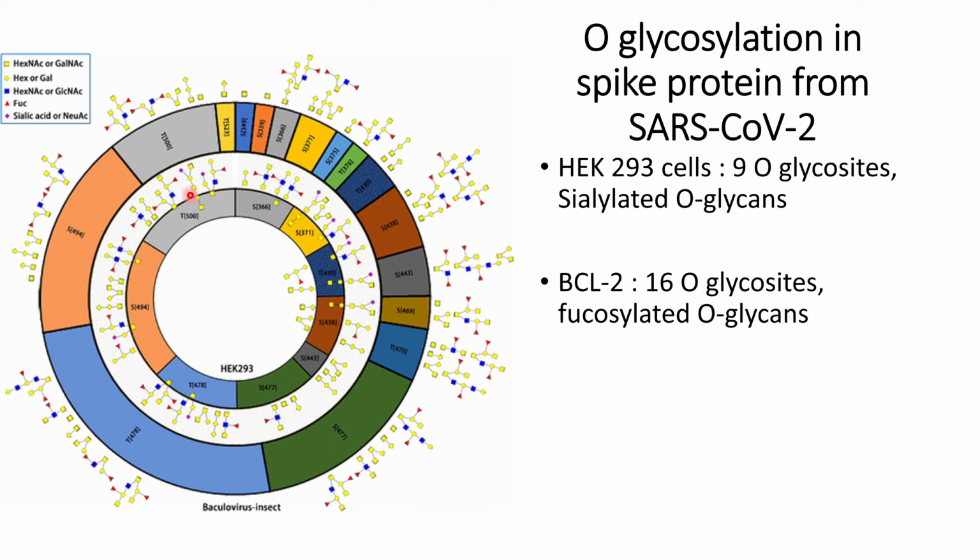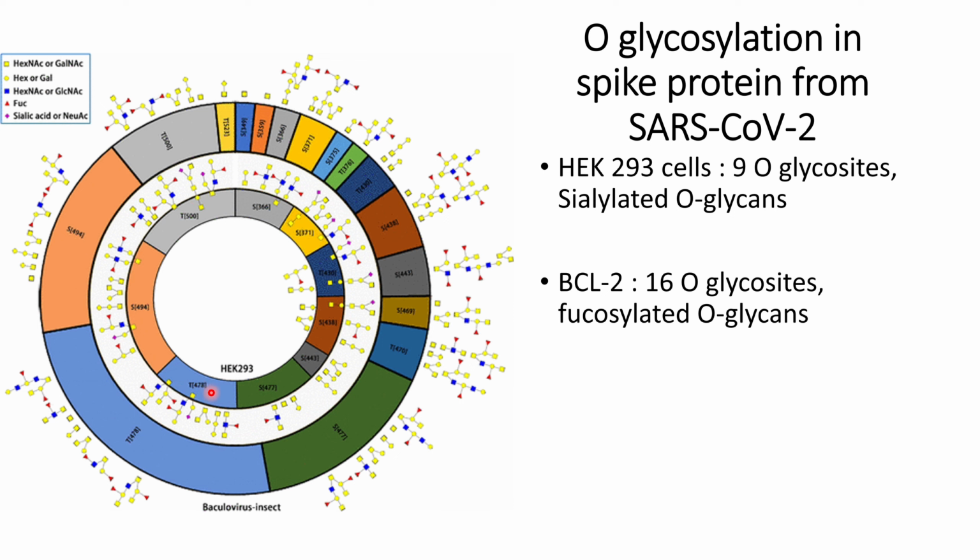In this figure we can see that the glycans that are similar are marked with the same color. For example, S371 in HEK293 has the same glycans as S371 from the BCL2 virus, and the area of the circle represents the abundance. So T478 has more abundance, and S477 also has more abundance compared to the other cell system, and similar is the case with the HEK293 cell system.